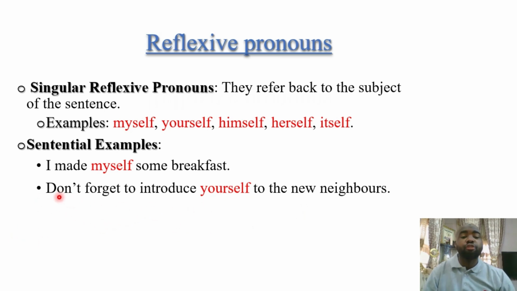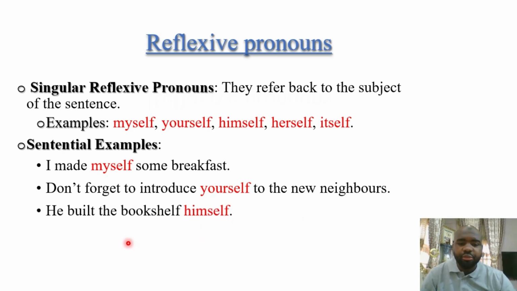Like, you should not forget to introduce yourself. Since we have don't, it's a null subject. We'll come to that when we go deep into syntax. We discuss it later in the future.